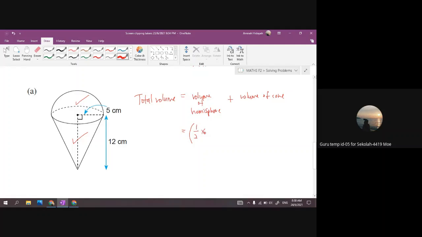So half times volume of sphere. Okay, and then plus volume of cone. Formula dia adalah 1/3 pi r square h. Okay, so 1/2 times volume of sphere is 4/3 pi r cubic.